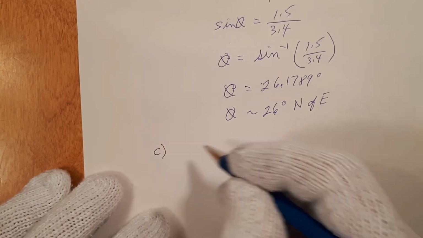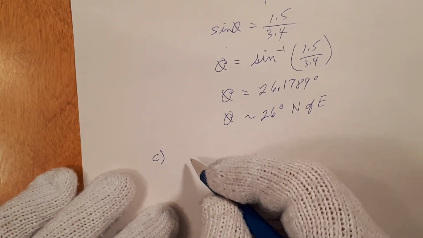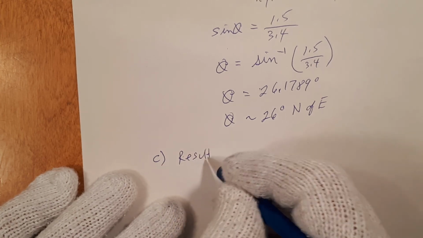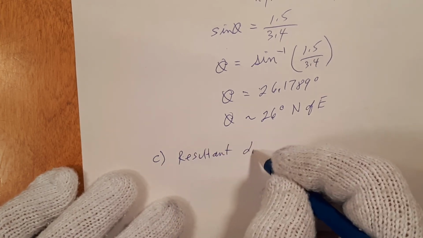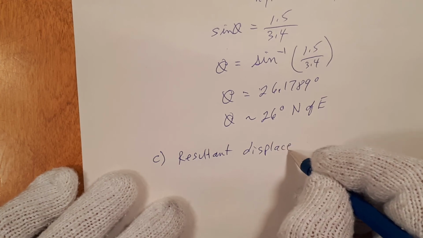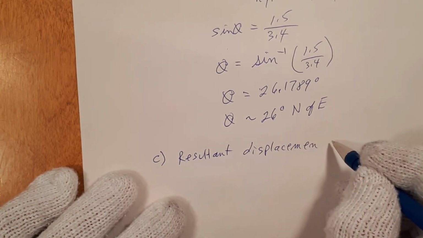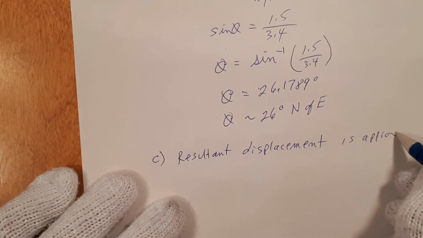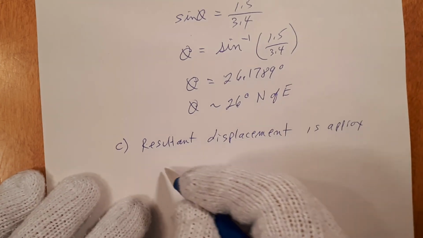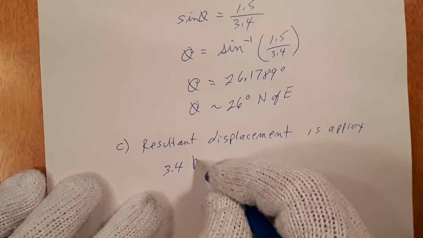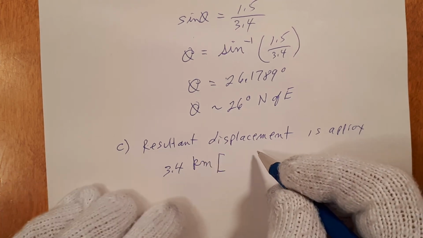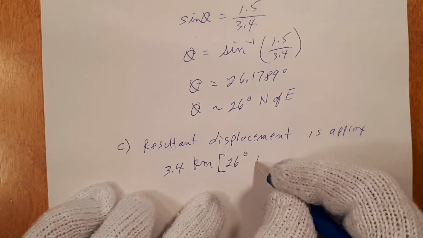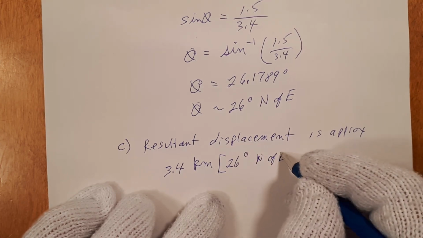For part C, then, the answer is the resultant displacement is approximately 3.4 kilometers. And sometimes they use square brackets to give a direction, 26 degrees north of east.